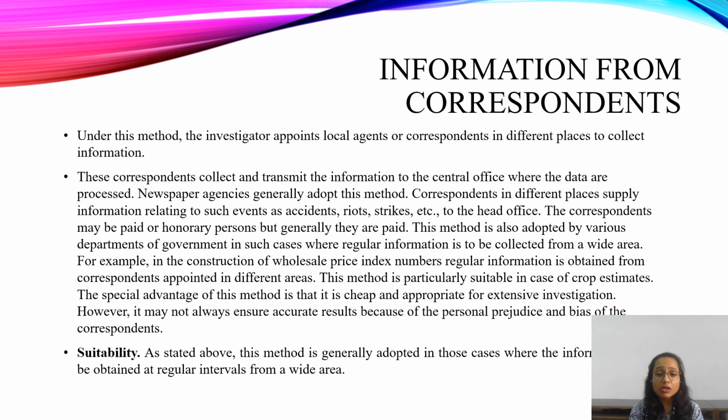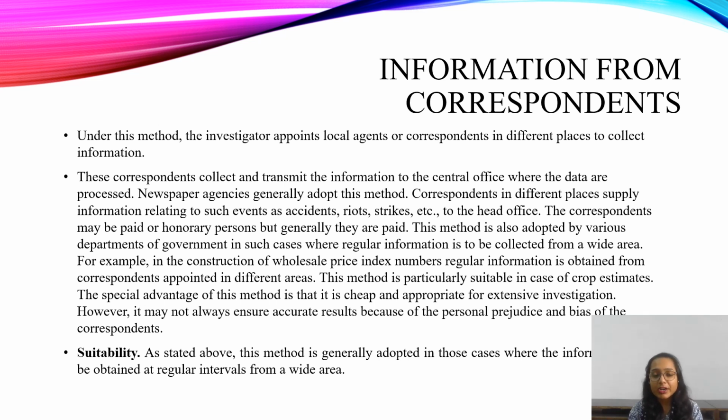This method is also adopted by various departments of government in such cases where regular information is to be collected from a wide area. For example, in the construction of wholesale price index numbers, regular information is obtained from correspondents appointed in different areas. This method is particularly suitable in case of crop estimates.